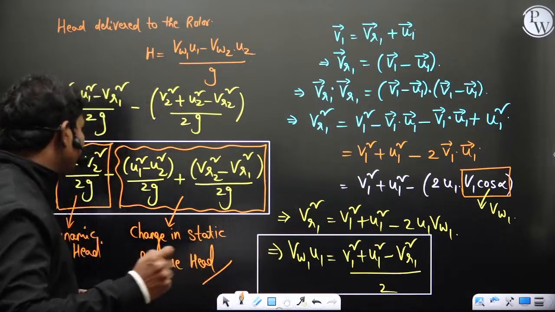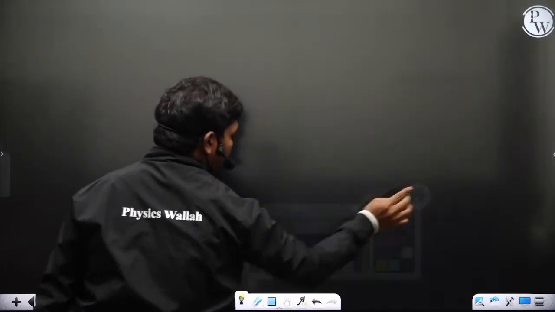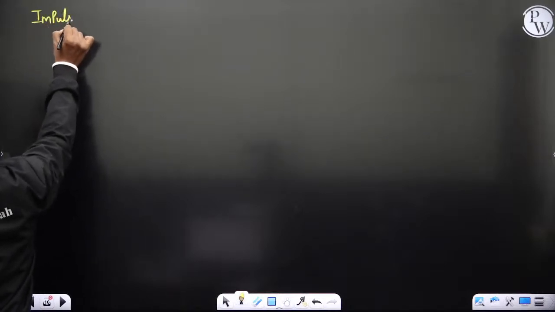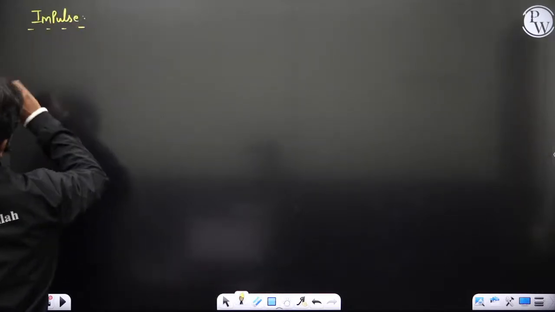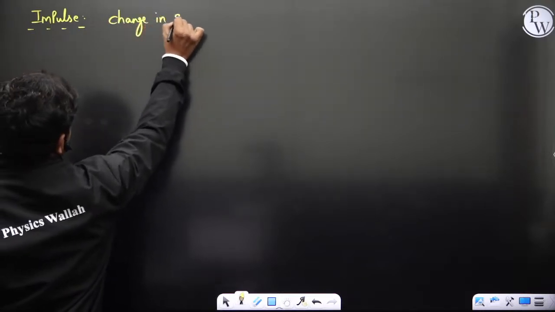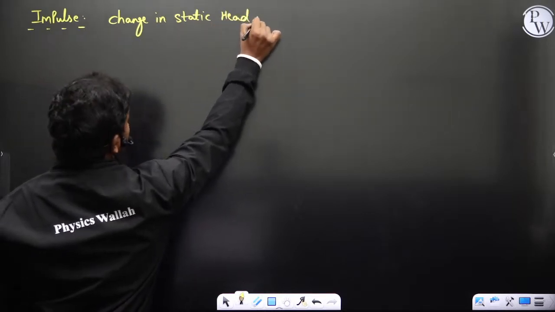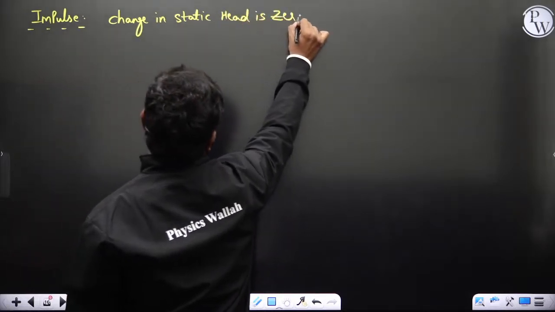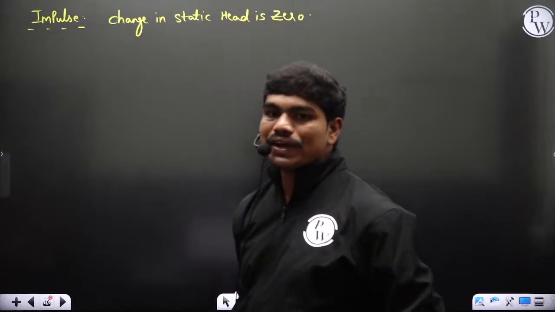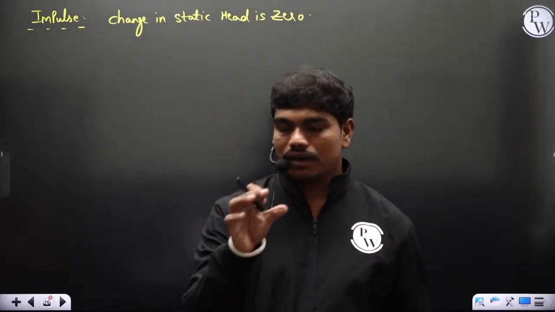So how do we classify impulse and reaction machines? In impulse machines, the change in static head is straight away 0. Whatever energy is available at the fluid entry, the complete energy is available only in the form of kinetic energy.